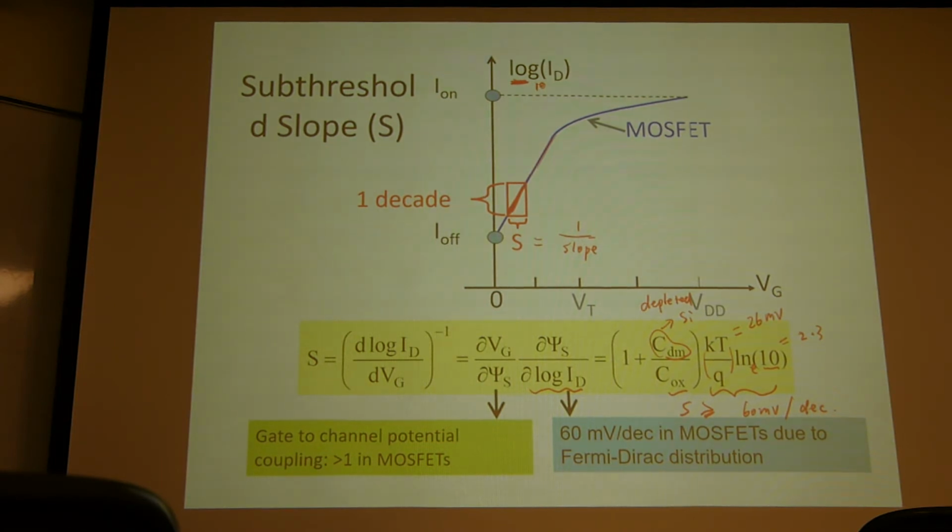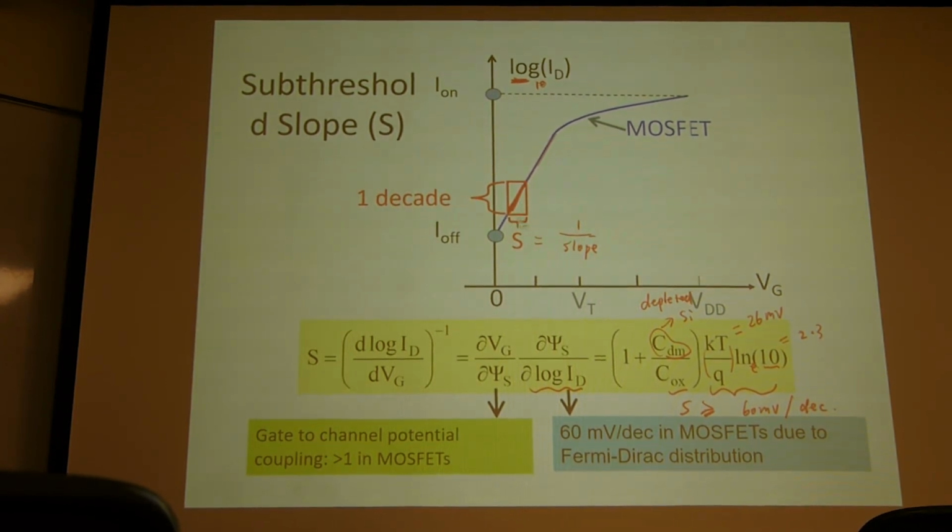So you see here this decade, one order of magnitude. For example, it's from, let's say, 10 nanoamp to 1 nanoamp. If you reduce the current by 10 times, you need to reduce the voltage by this S factor.